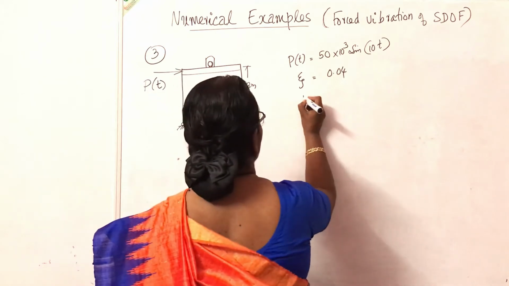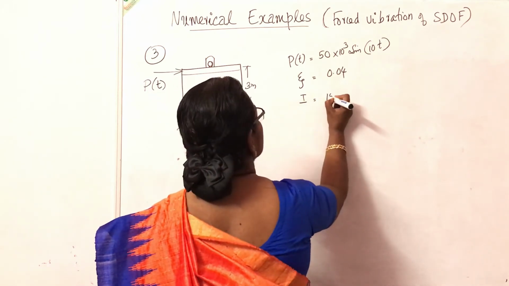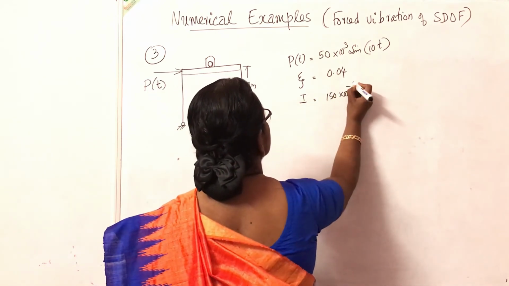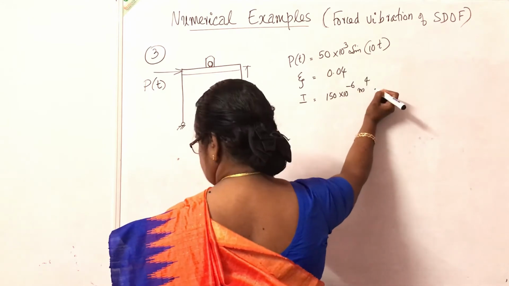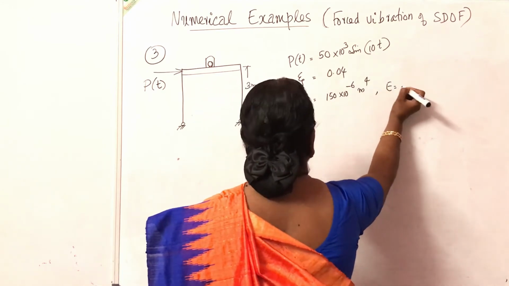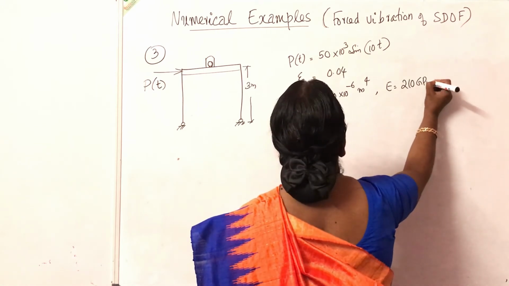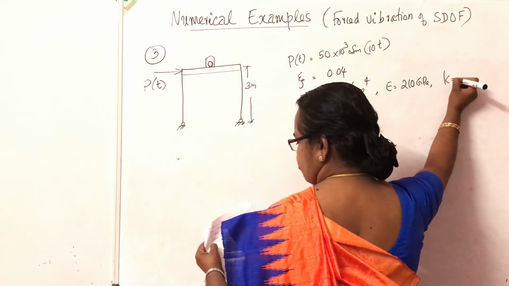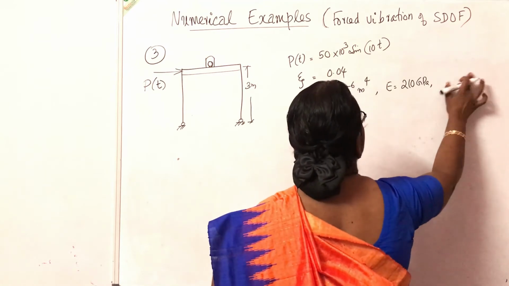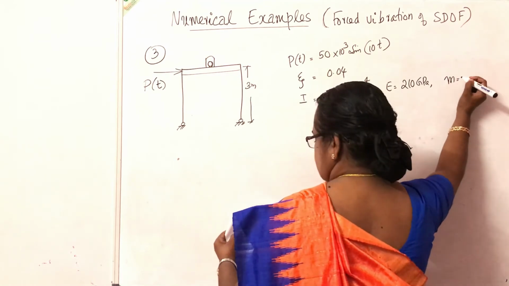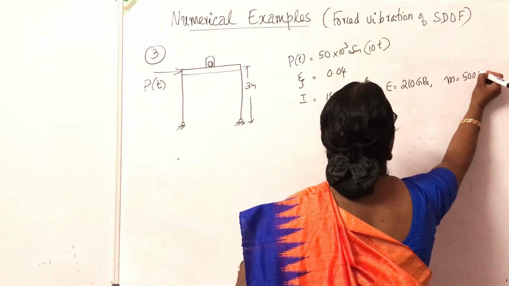Moment of inertia of columns is 150 into 10 raised to minus 6 meter raised to 4. Young's modulus 210 GPa. Mass of 5000 kilogram.